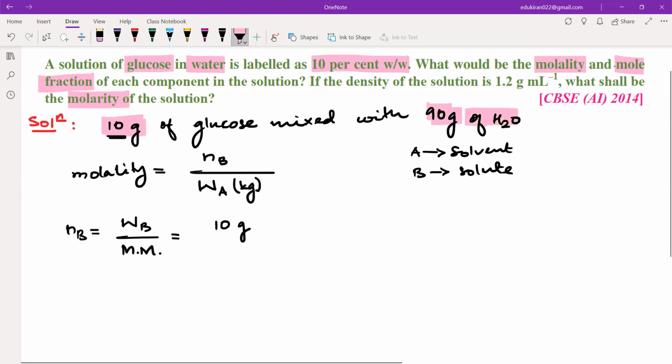Now this is the only thing you require and you will be calculating each and everything from here. Okay. Now 10 grams divided by, what is the molar mass for glucose? Tell me. What is the formula for glucose? C6 H12 O6. चलिए इसका बताइए, what will be the molar mass for this?